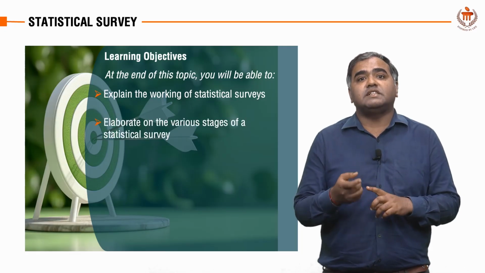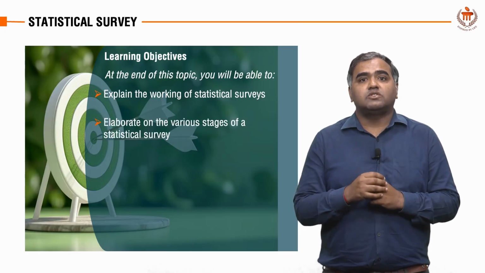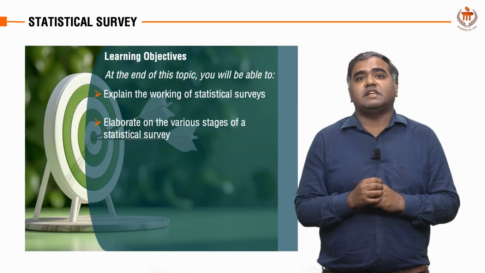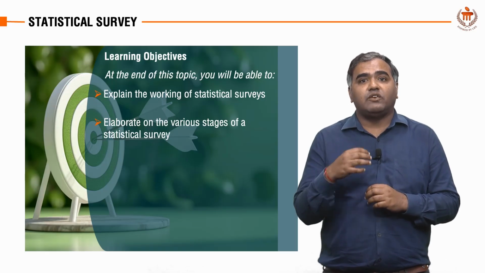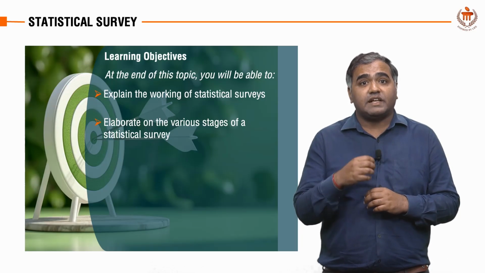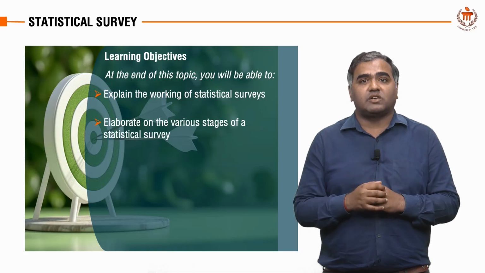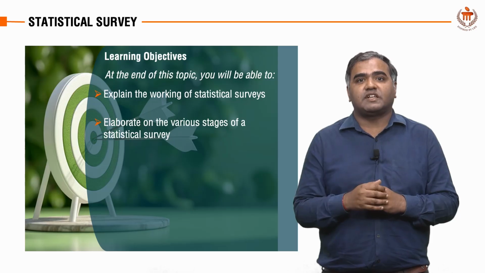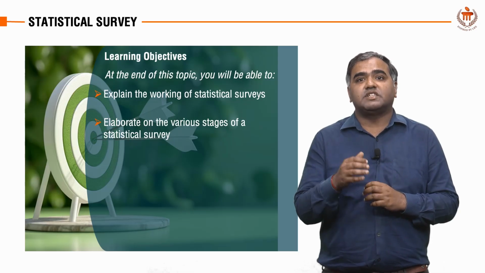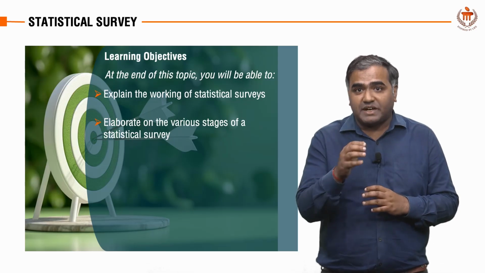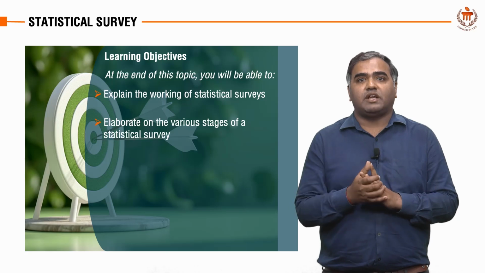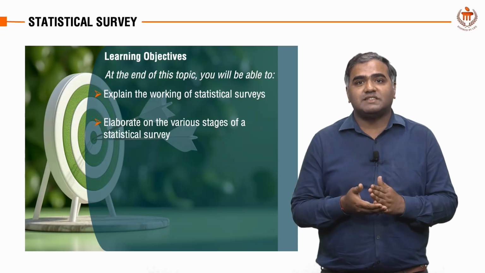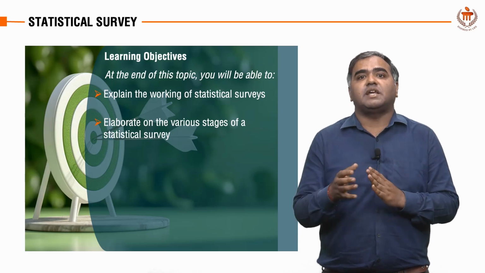Elaborate the various stages of statistical survey: planning, like defining the objective, selecting the population and designing the survey; then execution, like data collection and processing; then analysis, using statistical tools to interpret the data; and then reporting, where we present results clearly with charts and tables.